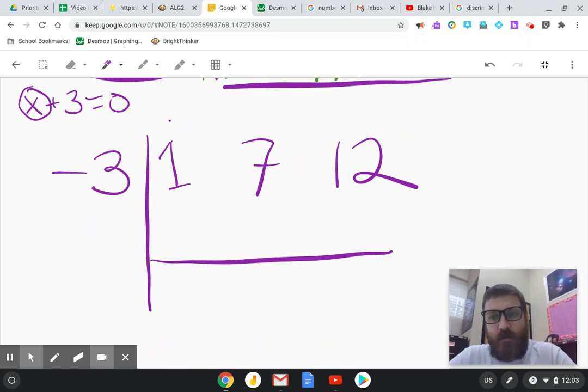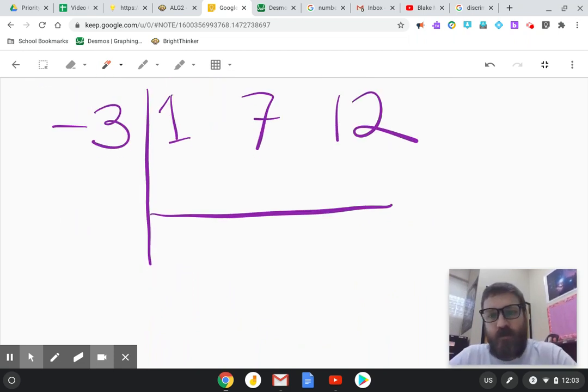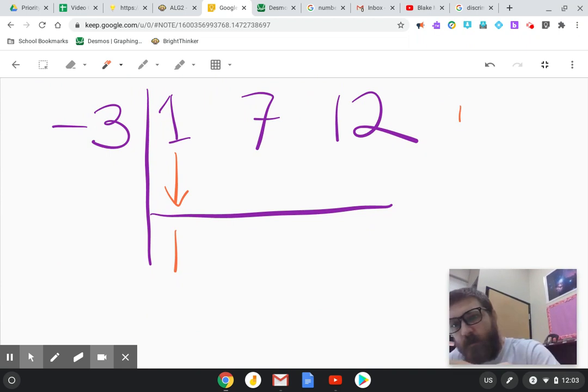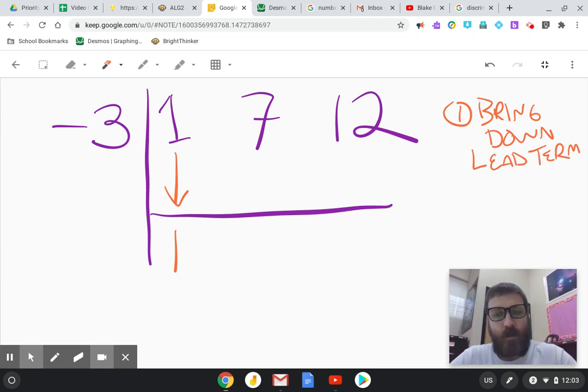And then there's going to be a basic flow to this problem, and I'll write out the steps as we go. First thing you do every time, bring down the first term. So I'm going to write that down: bring down the lead term. So I'm going to bring down that 1.